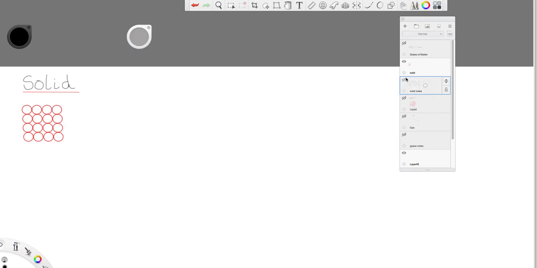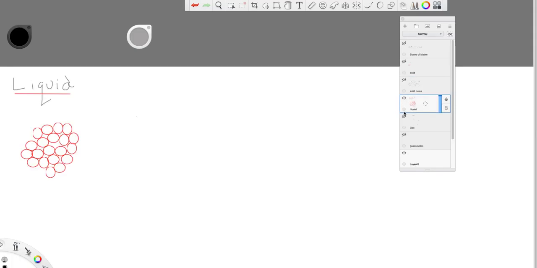Let's move on then and look at a liquid. So here we have a similar kind of arrangement, but there is a difference here. This is less regular. You're going to have some order, but over a much shorter range.